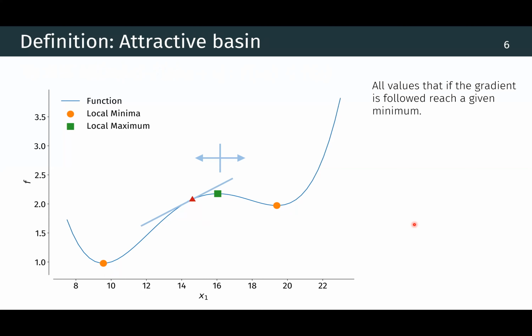So the idea is, if you come from this side and you actually overcome this hill over here, if you cross the local maximum and then go downhill from there, you're going to end up here. So this region, from this position onwards to the left, is the attractive basin of this minimum. And this position over here to the right is the attractive basin of that particular minimum over here.